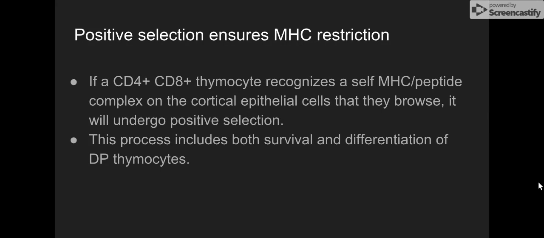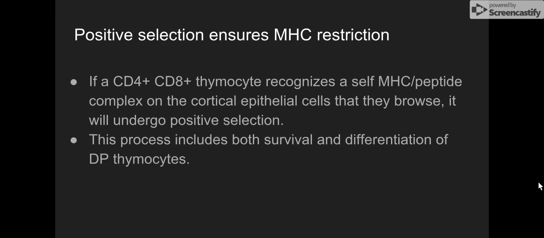The adaptive value of positive selection is valuable. Some have suggested that pruning down the repertoire is important to increasing the efficiency of negative selection, as well as to increasing the efficiency of peripheral T cell responses.